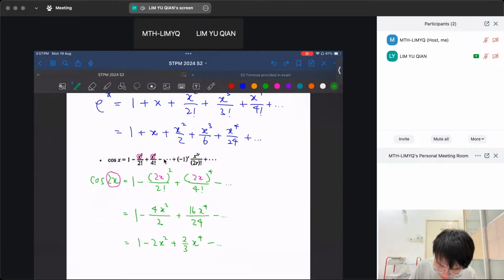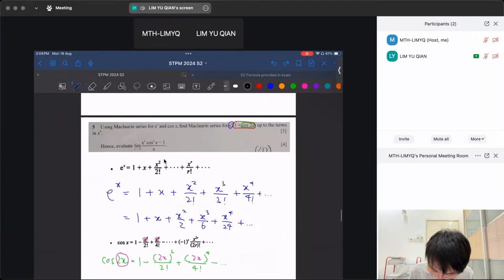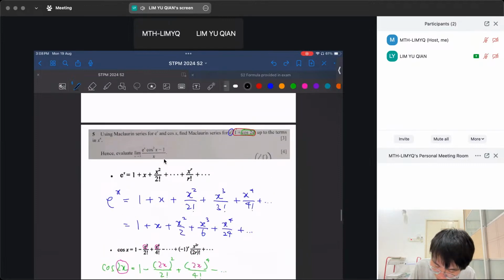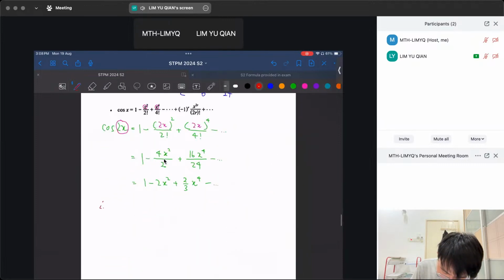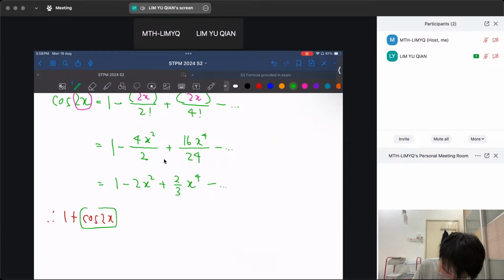Okay, let's continue. Now multiply them. So you have to add 1 from here, 1 plus cos 2x, which is equal to 1 plus the whole thing.